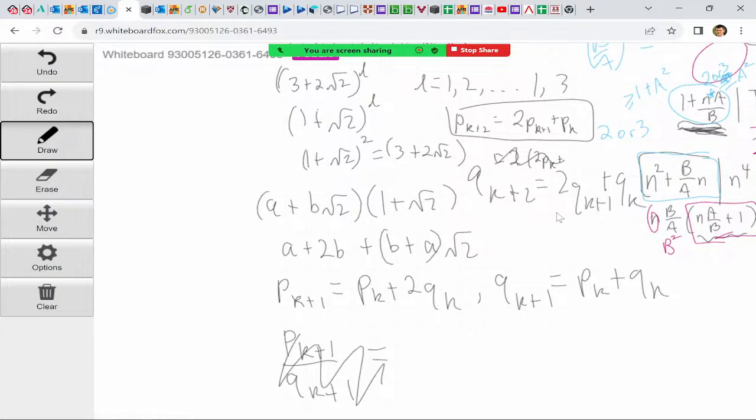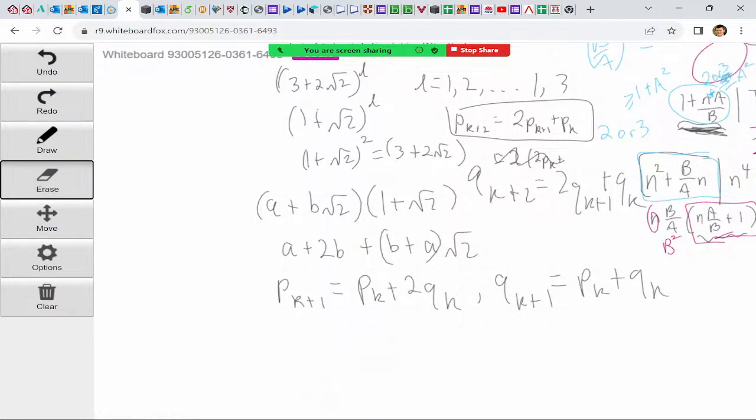Wait, what did you do? I just assumed that the sequences were equal up to a certain point. So I assume P1, P2, up to PK, and Q1, Q2, up to QK. There has to be at least two in the sequence. And so I defined them using the indices. Oh, okay.